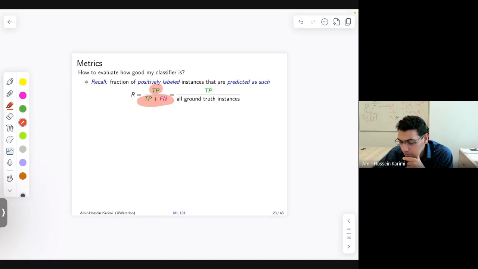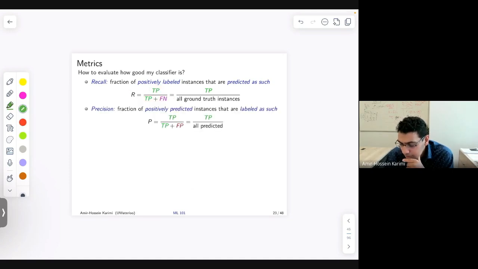Complementary to this, we have something called precision, which is now, before we had positively labeled, and now we have the fraction of positively predicted instances that are labeled as positive. So now it's a bit different in the denominator, and the numerator is still the same. This is what we call precision and recall. And you might be wondering, is there a way to optimize for both of these at the same time?